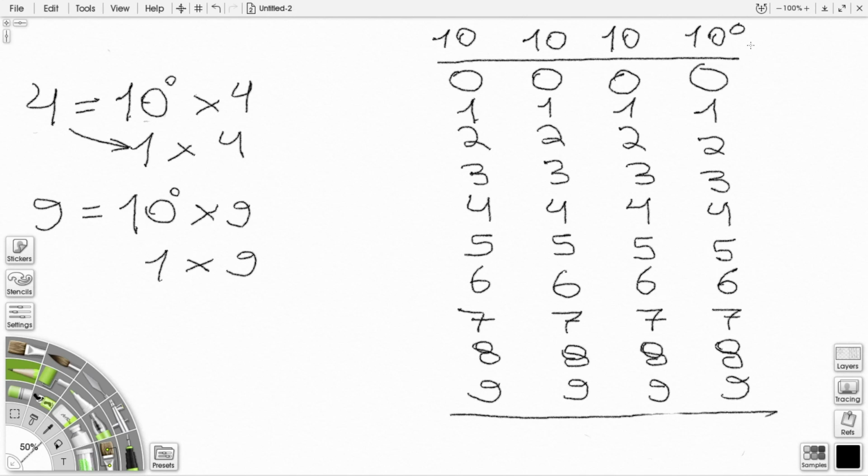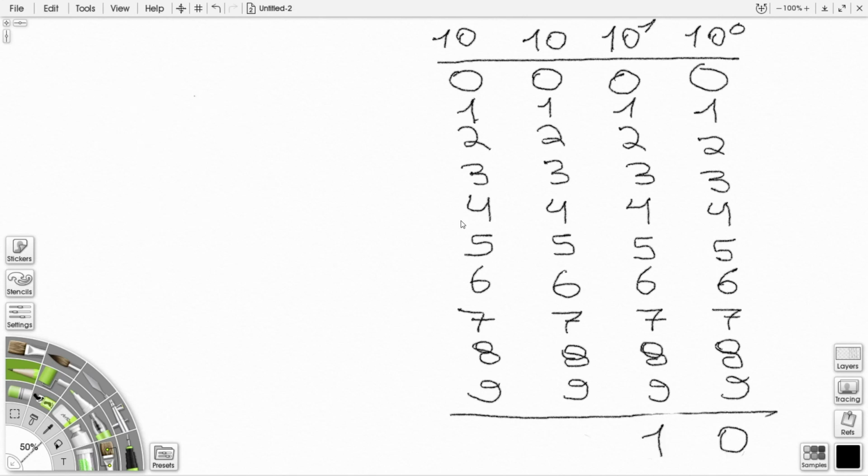So we can multiply 10 elevated to 0 by the digit that we want in order to get the amount of tens elevated to 0 that we have, okay? So from now on, we're going to think about this as the amount of tens elevated to 0 we have.